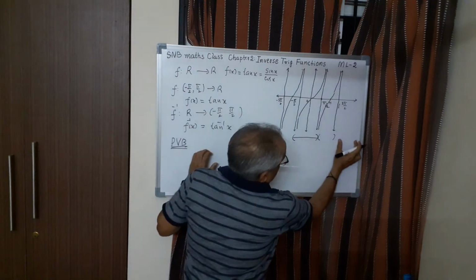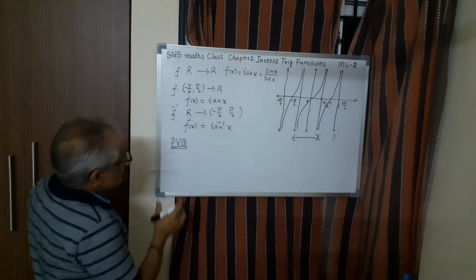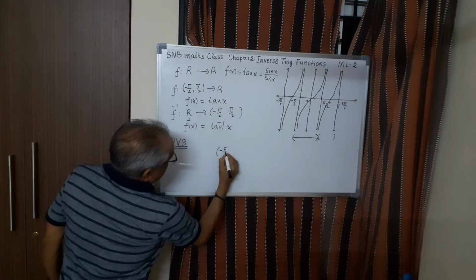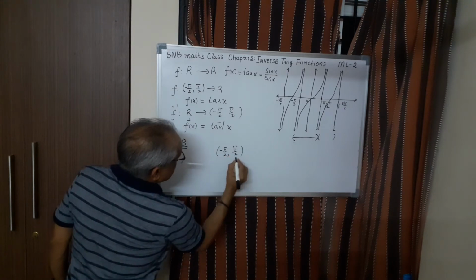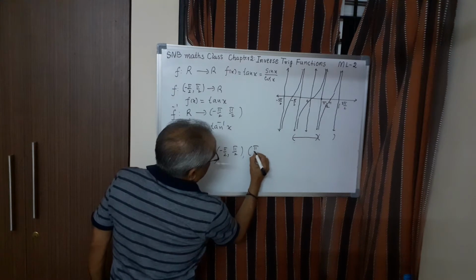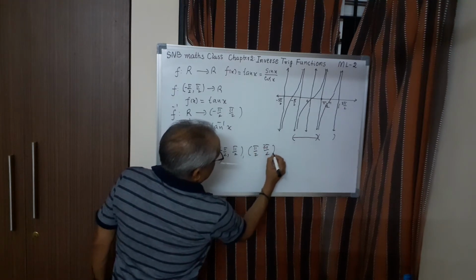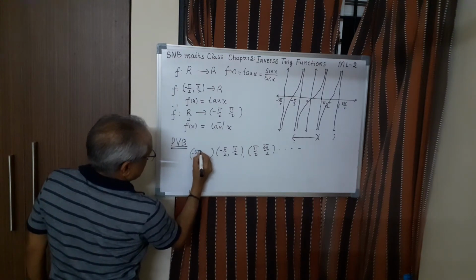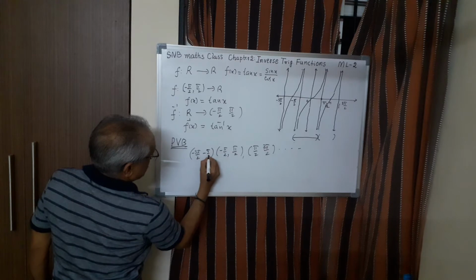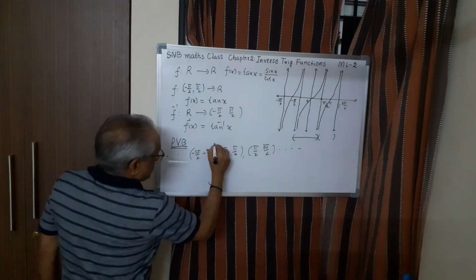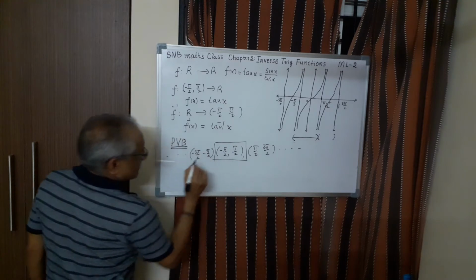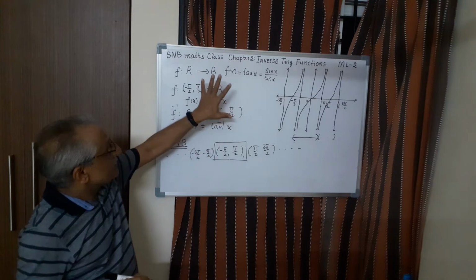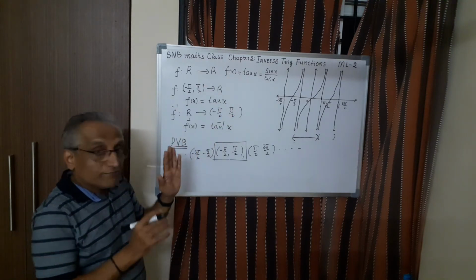So the different branches which we can take for defining inverse are minus pi by 2 to pi by 2, this is one branch, or we can also take pi by 2 to 3 pi by 2, and you can continue in this direction. And here also you can come back, say minus 3 pi by 2 to minus pi by 2. Here also you can continue. But for defining, we have taken this interval as the main interval, that is called the principal value branch of the inverse tan function. So this is the basic idea.